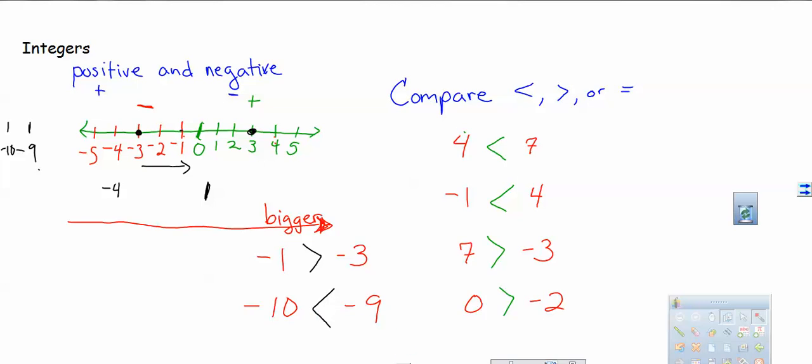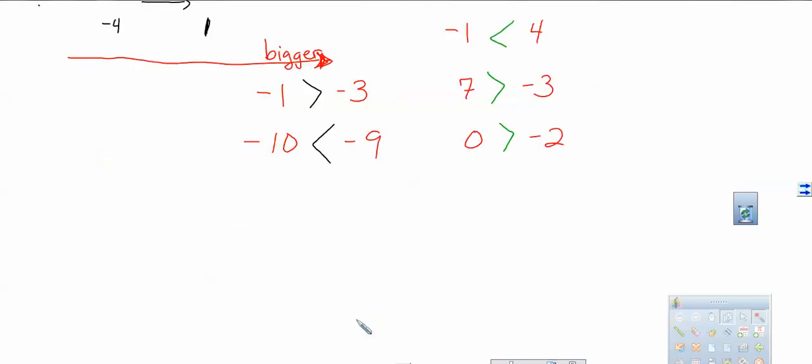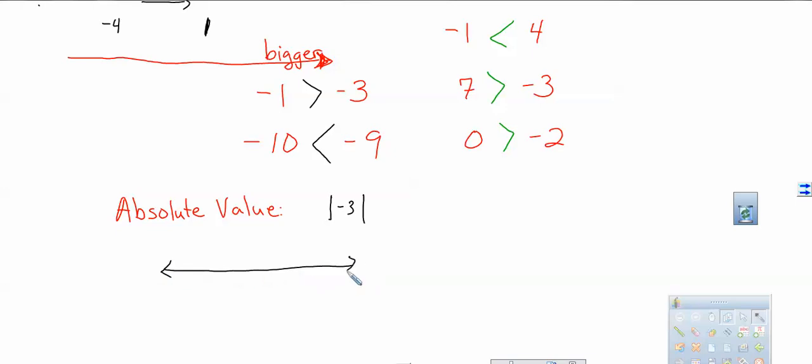Now, you need to write down another word. It's called absolute value. Absolute value has these lines. Absolute value means, and write this underneath, distance from 0.